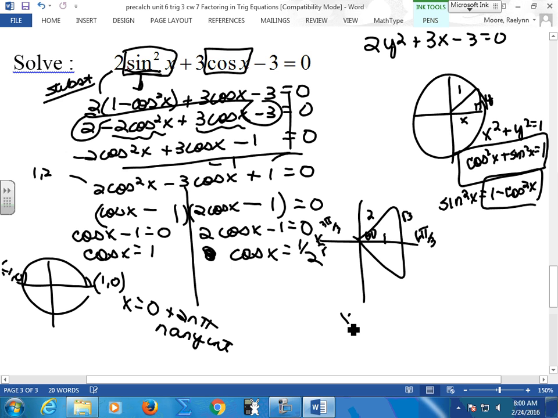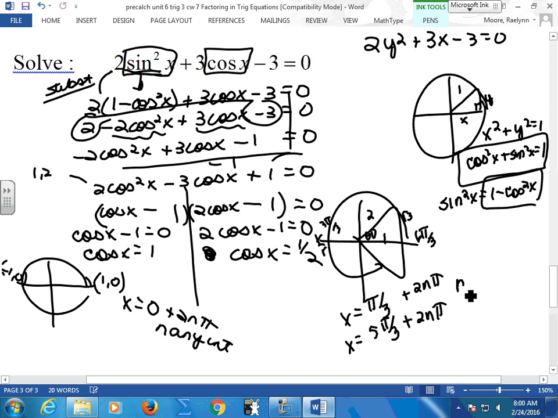So I've got two angles, pi over 3, and what's my other one? 5 pi over 3, plus 2n pi. Can I take a shortcut and do plus n pi? They're not opposites of each other.